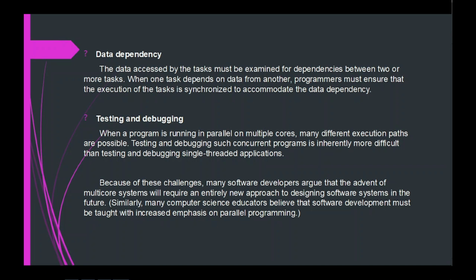So, testing and debugging. When a programmer is running in parallel on multiple cores, many different execution paths are possible. Testing and debugging concurrent programs is inherently more difficult than testing and debugging single-threaded applications. So, as I said earlier, coding a threaded application is so hard.